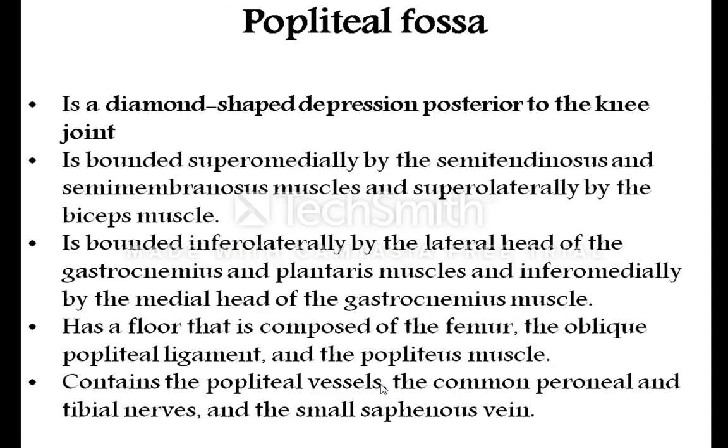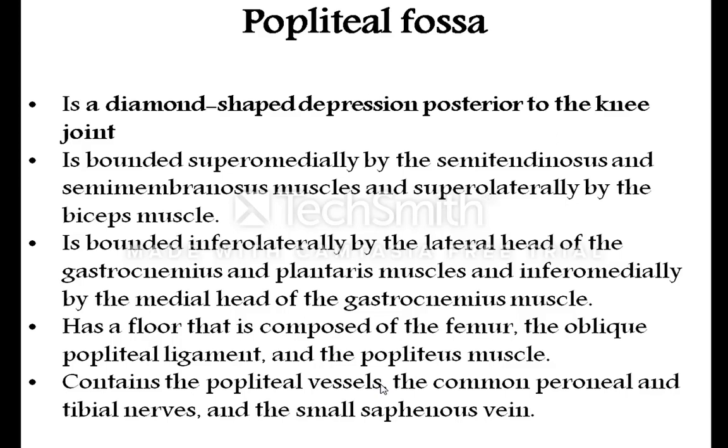So let's move to the popliteal fossa. The popliteal fossa is a diamond-shaped depression posterior to the knee joint. It is bounded superomedially by the semitendinosus and semimembranosus muscles, and superolaterally by the biceps muscle. It is bounded inferolaterally by the lateral head of gastrocnemius and plantaris, and inferomedially by the medial head of the gastrocnemius.